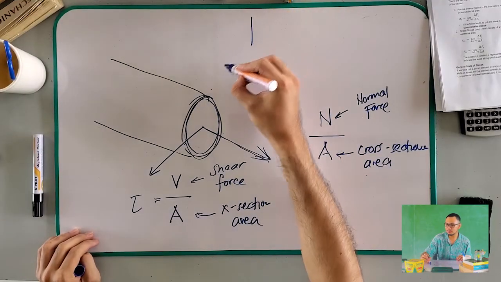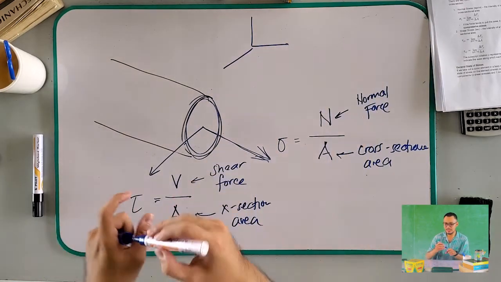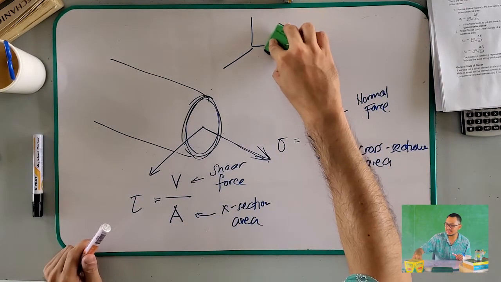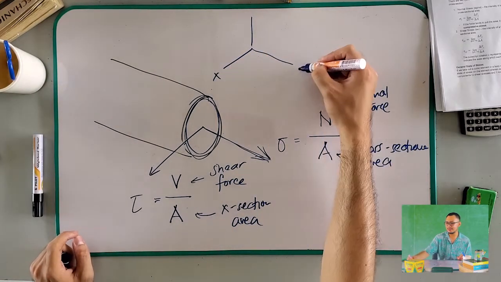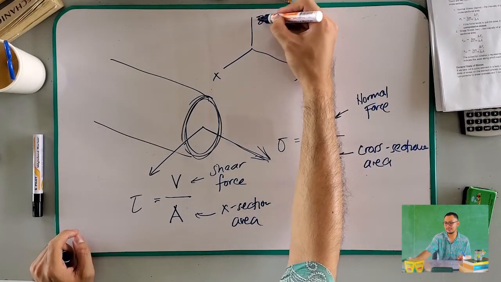Nakasabot. Now, take note, sa atong shear stress, it also depends on what direction it goes through. So, di ba, we have this Cartesian vector x, y, and z.